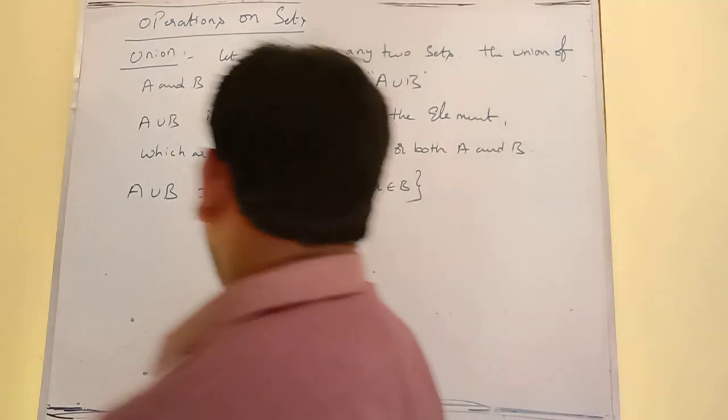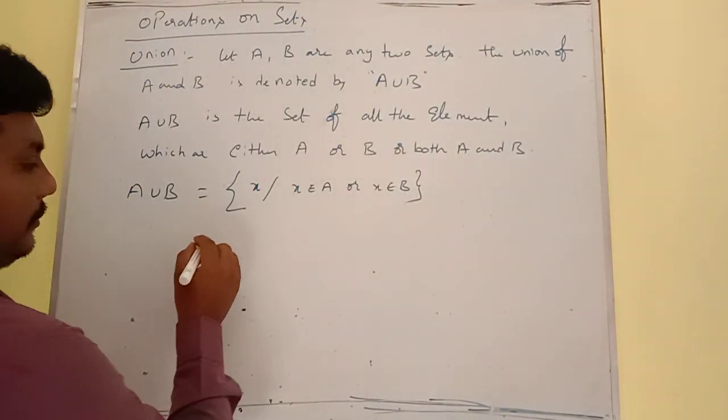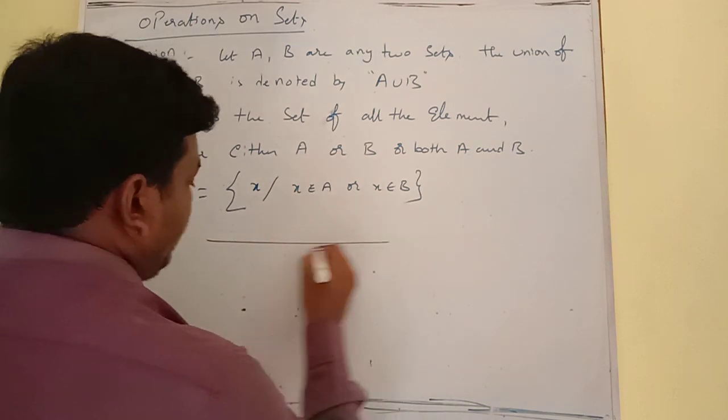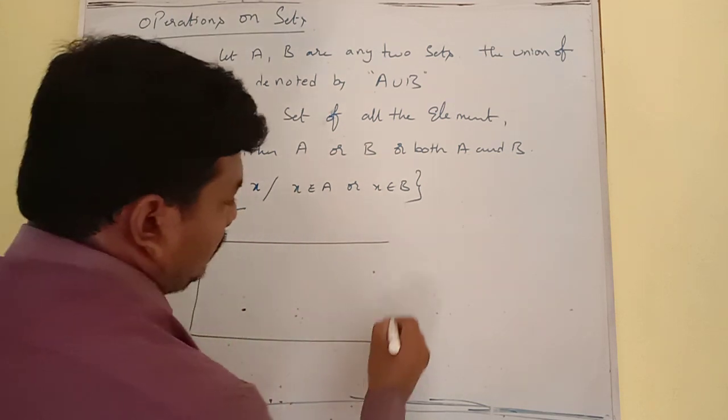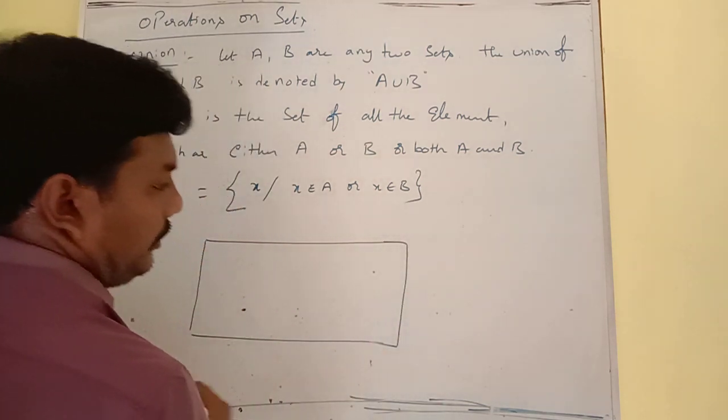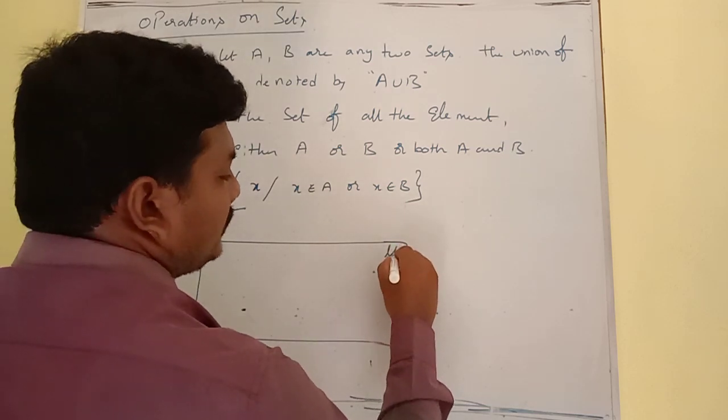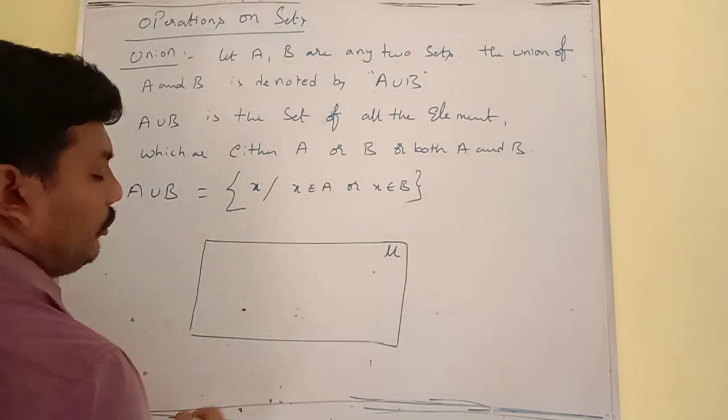Then coming to the Venn diagrammatic form, A union B can be represented. This is the mu set, that is the universal set.